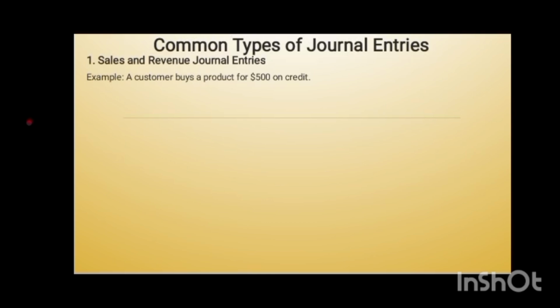So we will post it in the sales and revenue account. But we have to see that here the sale is on credit. On credit means the customer didn't pay in cash. It means the customer will pay later.